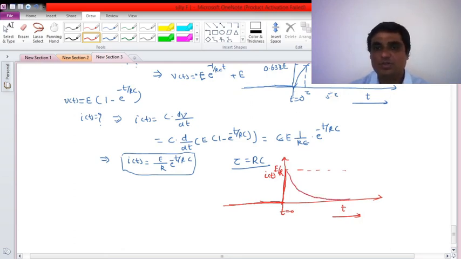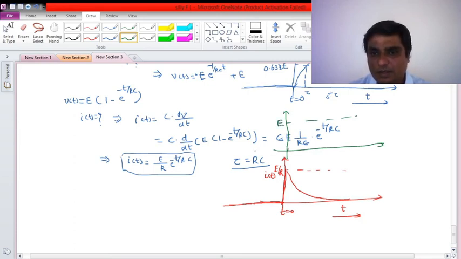Okay, let me draw the voltage waveform across the capacitor roughly. It was E, and from minus infinity to 0 the voltage is 0, and slowly it increases exponentially to steady state.